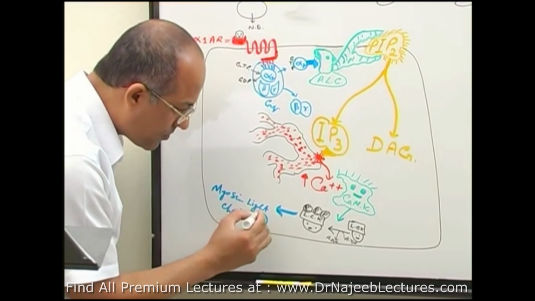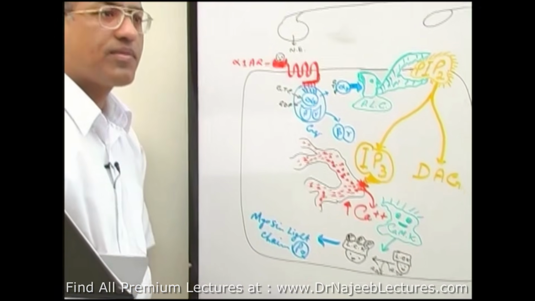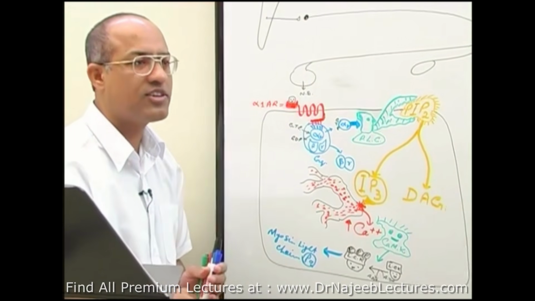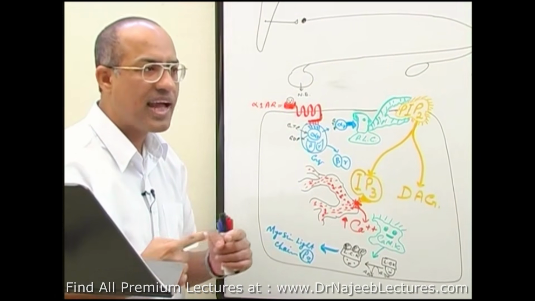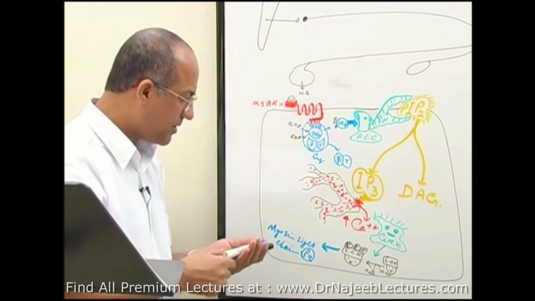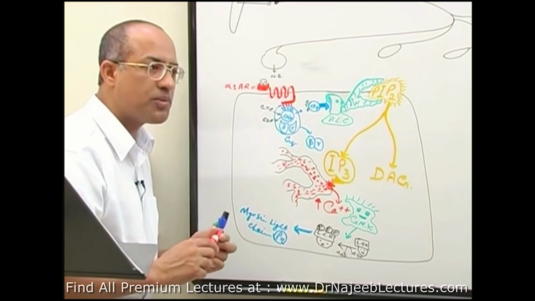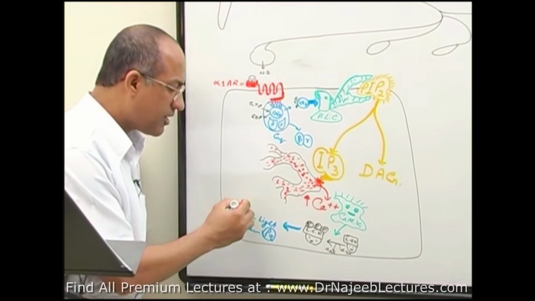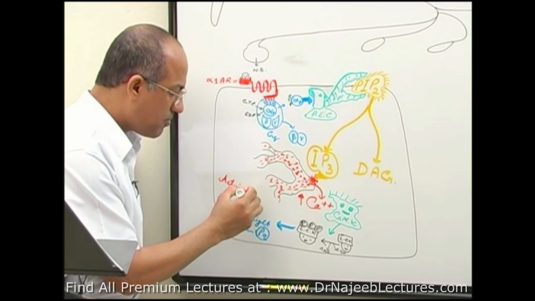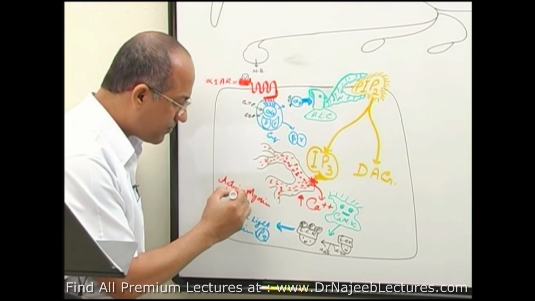When they become phosphorylated, right, the phosphorylated myosin light chains can participate in actin-myosin interaction.